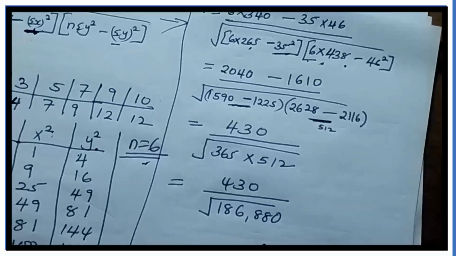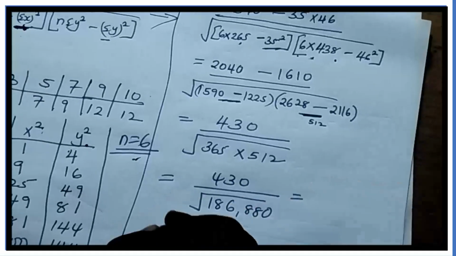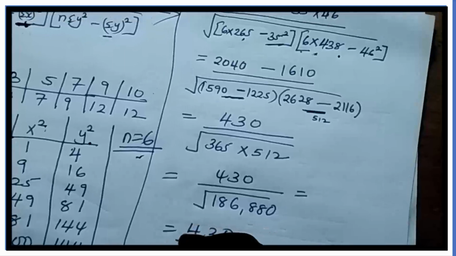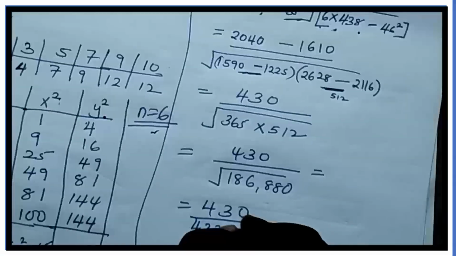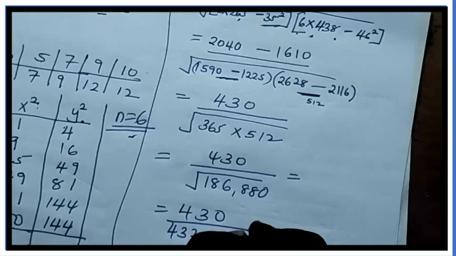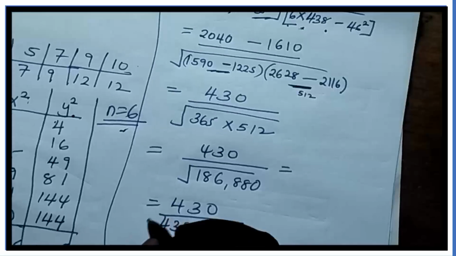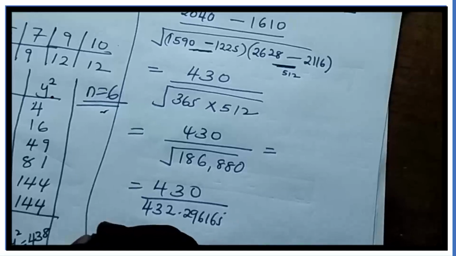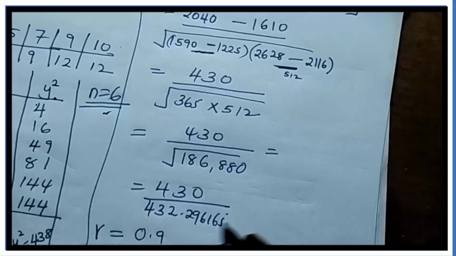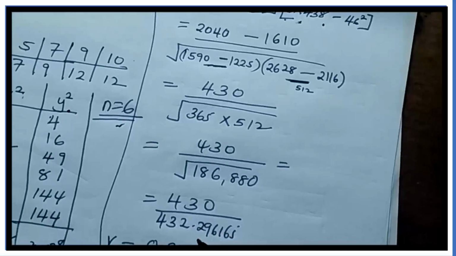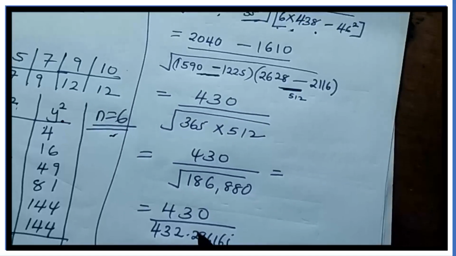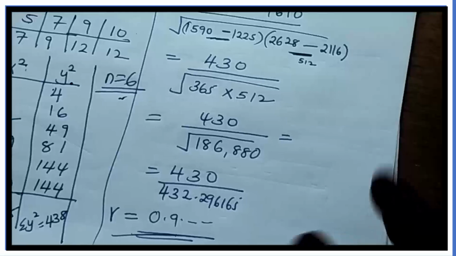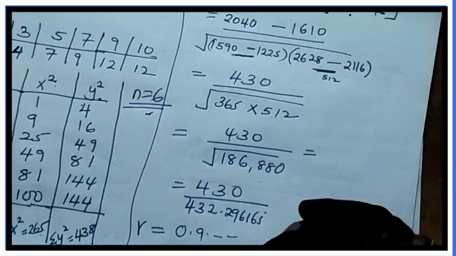And when you solve that, you get 430 all over the square root of this one. I think you get 432.296165. And when you solve that, you get 0.9 something, which is our R. So you can as well confirm the values, which I know you will get 0.9 something. So you can proceed. That's how we calculate the correlation coefficient.